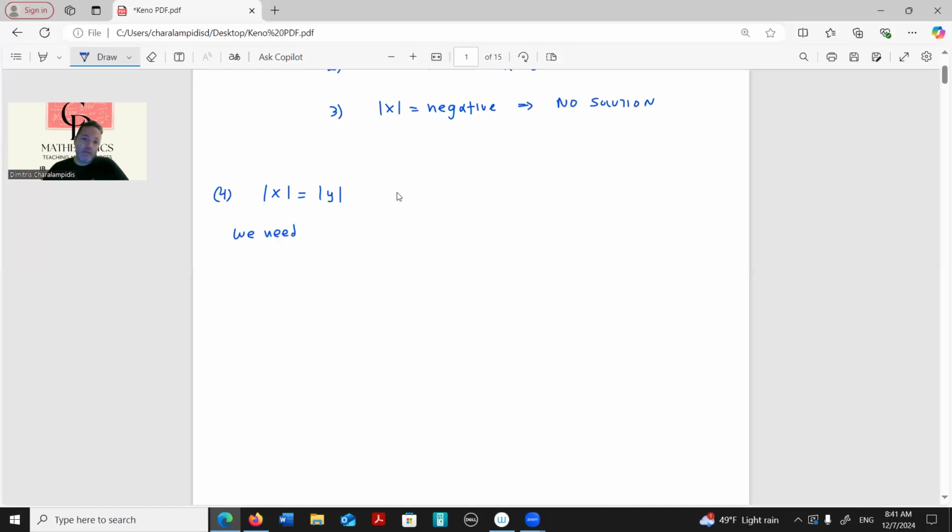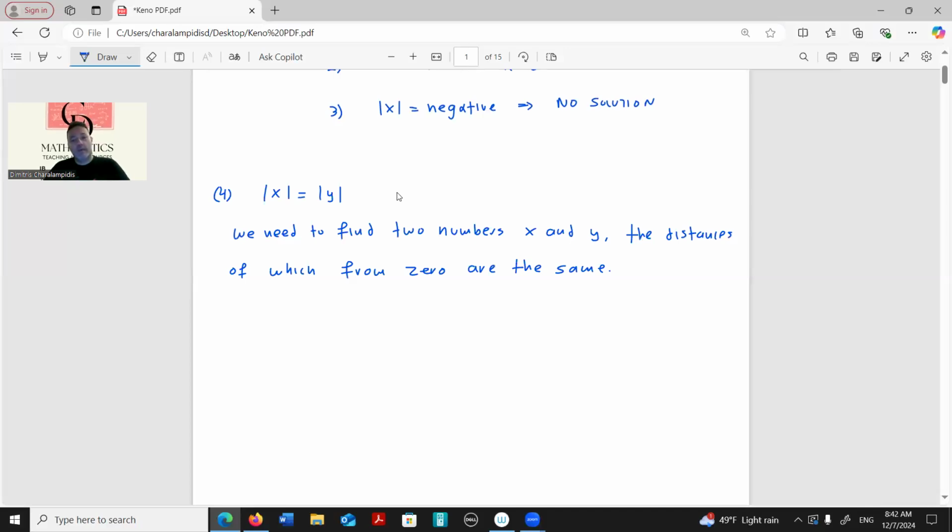We need to find two numbers, x and y, the distances of which from 0 are the same. So if I create a number line and I put 0 somewhere in the middle, we need to get two numbers that have equal distance from 0.